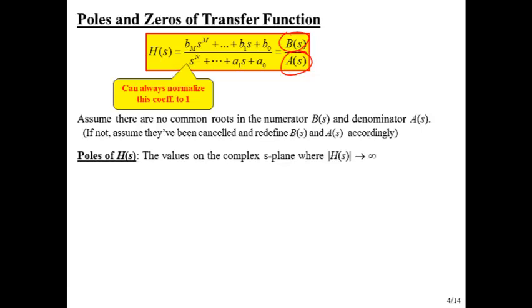So just like we did for discrete time transfer functions, we'll say that the poles of H of s are the values on the complex s plane where the magnitude goes to infinity. And likewise, the zeros are the s plane complex values where the magnitude equals 0.